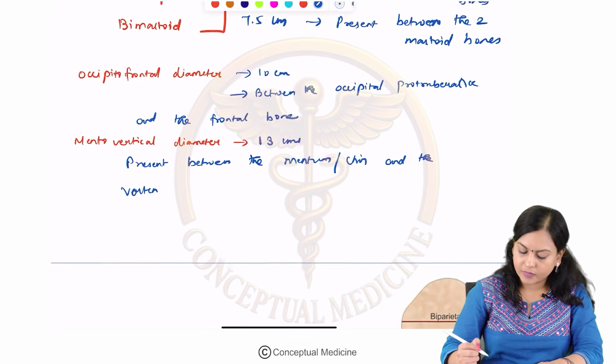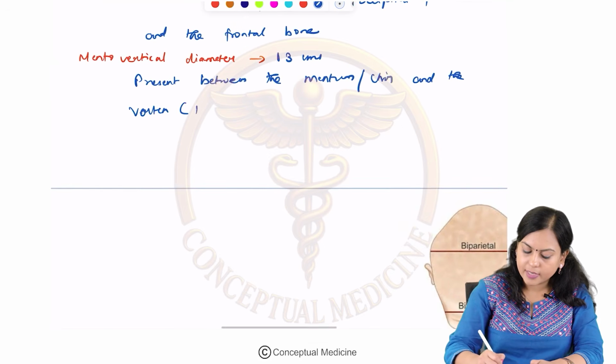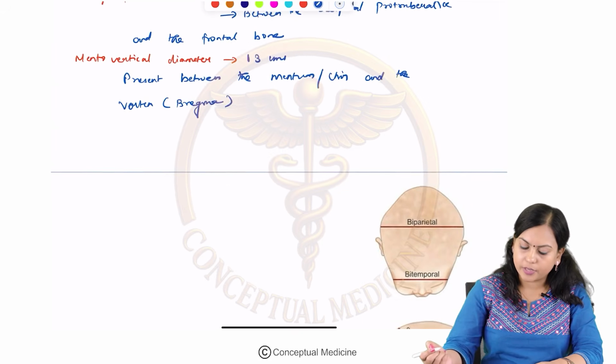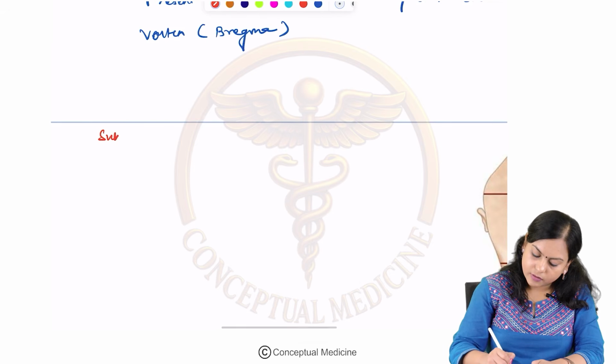Okay. In the vertex, we usually take bregma as the landmark point. Then other diameters include suboccipito-frontal.